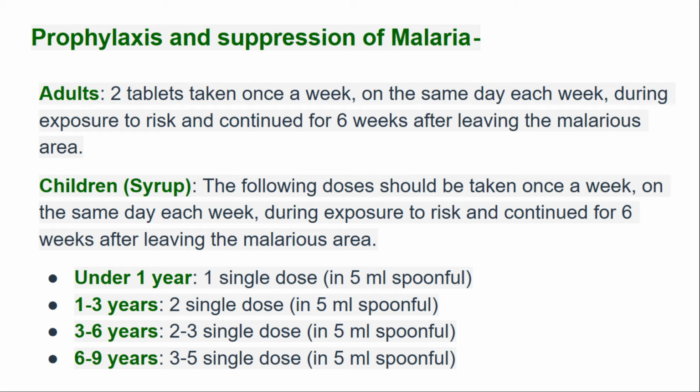Under 1 year, 1 single dose in 5 ml spoonful; 1 to 3 years, 2 single dose; 3 to 6 years, 2 to 3 single dose; 6 to 9 years, 3 to 5 single dose, in 5 ml spoonful.